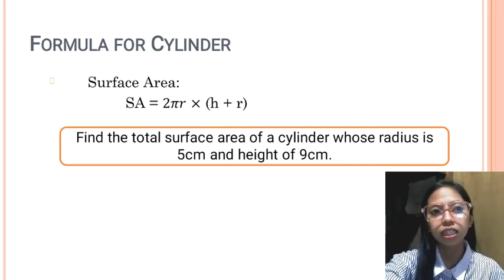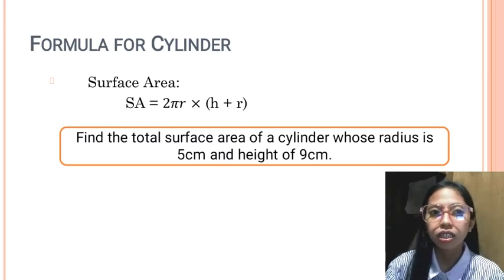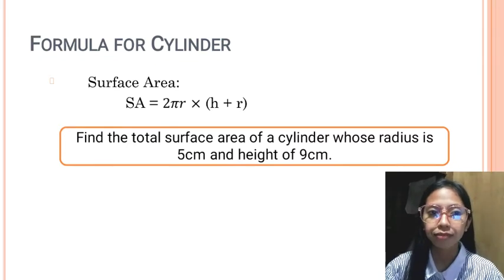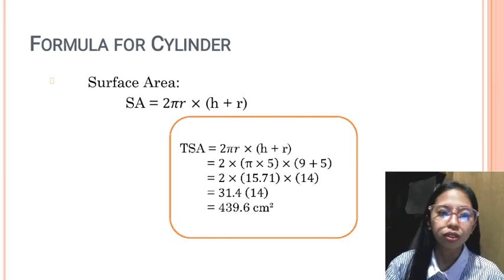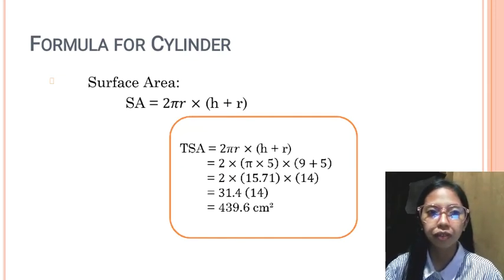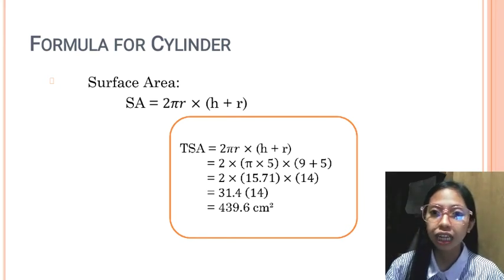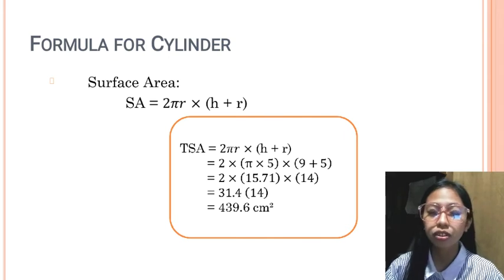Solving it, we will be substituting the given values to the formula. So, substituting it, we will derive the equation of 2 times pi, which is 3.14, times the radius of 5 times 9, which is the height, plus the radius 5.